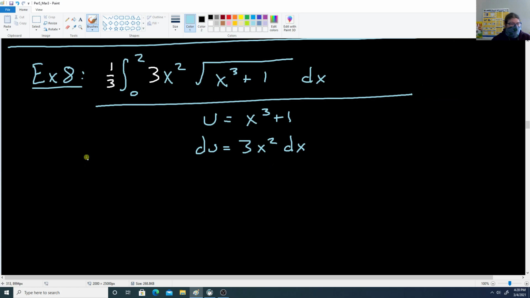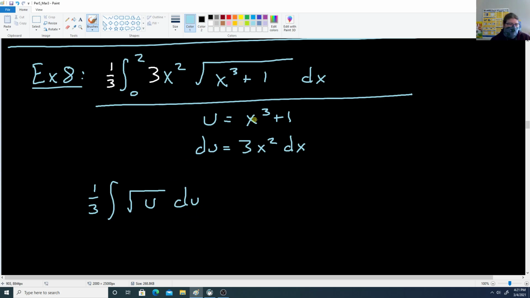So I get 1/3 integral from 0 up to 2. I'm switching over to u's, so I need to update my limits. This is the square root of u, because u is x cubed plus 1, and 3x squared dx is du. Now we make our new limits.